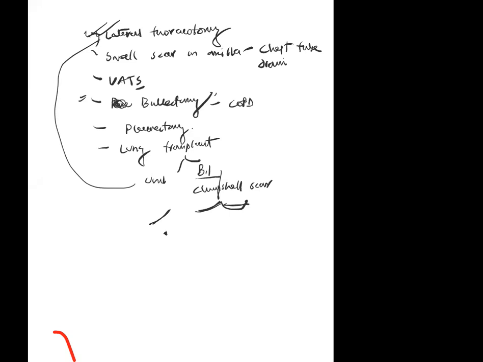Now, how will we identify what has happened, or how will we identify the scar? I'm going to draw a picture. Think that this is our lung and this is the trachea.